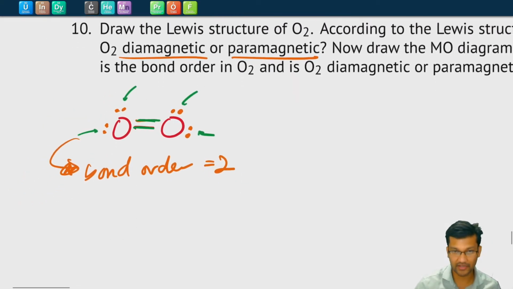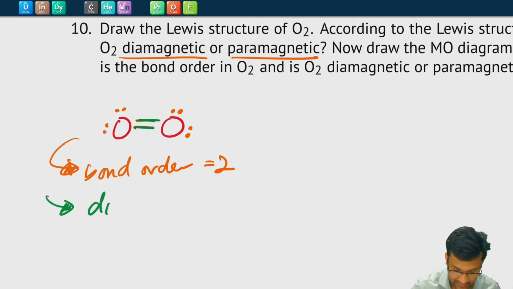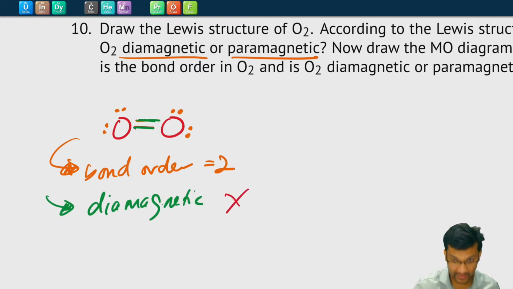So there's no unpaired electrons, according to the Lewis structure, so this should be diamagnetic. Just as a heads up, this is actually incorrect based on experiments. An oxygen molecule, according to experiments, is paramagnetic, but according to this Lewis structure, we don't know where the unpaired electron is coming from. Everything looks paired.